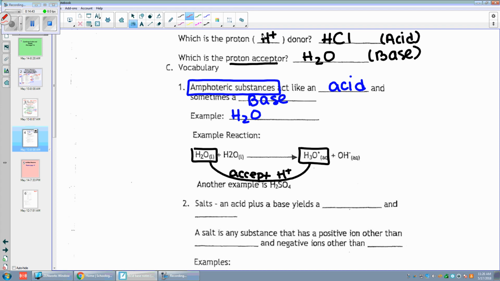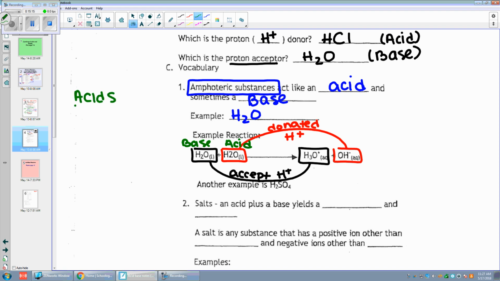And if I'm looking at this one, my H2O going to OH minus, I lost an H there, so I donated an H plus, which means that the first H2O would act like a base. The second one would act like an acid. So water can be both. That's very, very important.